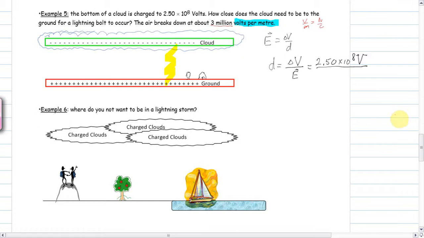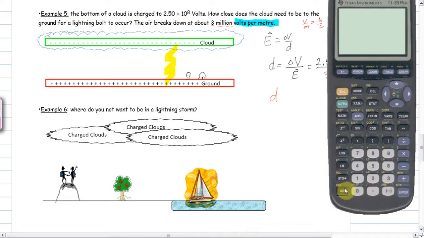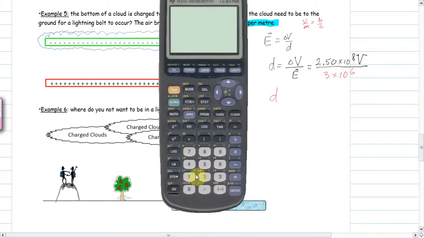So train yourself, when you see these units, to recognize that volts per meter is the E field. So this is 3 times 10 to the 6th. What is that distance? Someone plugged it into the calculator yet? 2.5 e to the 8 divided by 3 e to the 6th is 83 meters.